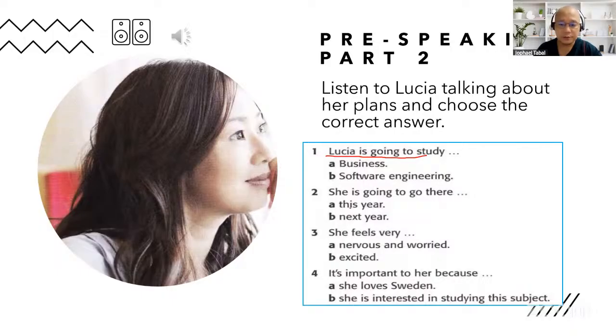And she's going to go there. Is it this year or next year? She feels very nervous or excited. And number four, it's important to her because she loves Sweden or she's interested in studying this subject. Okay. So I want you to listen to Lucia talking about her plans, and I want you to choose the correct answer.